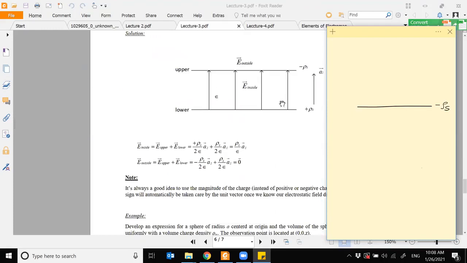So here also, it's the same thing. Here, this is my negative charge. The electric field that it will generate will be coming towards it, like this.